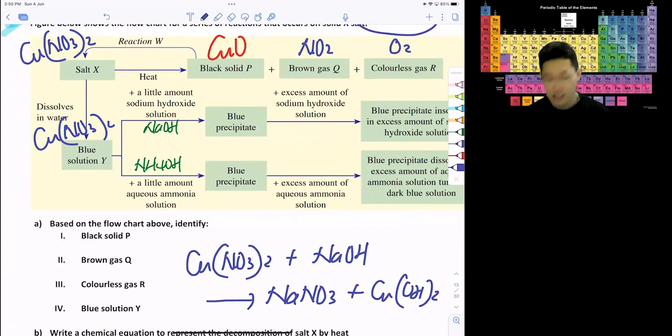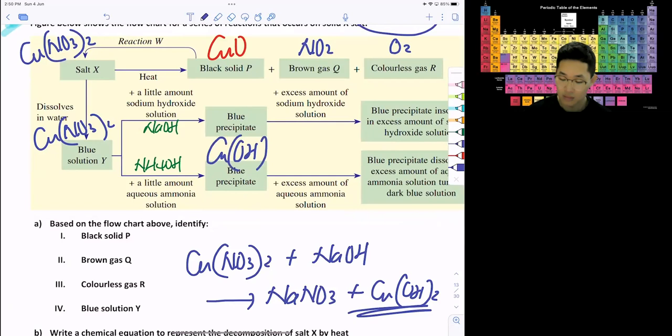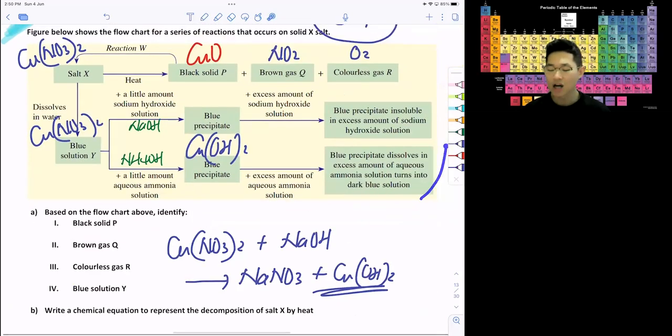So the blue precipitate is Cu(OH)2. And these are the observations that you have to write for ion test.